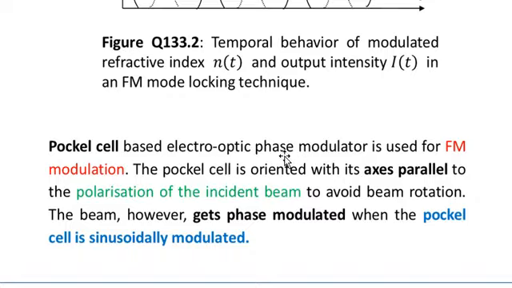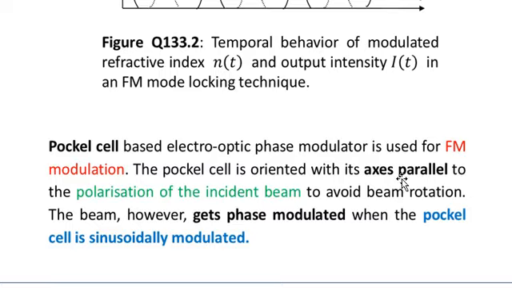Pockels cell based electro-optic phase modulator is used for FM modulation. So you can use the Pockels cells as an FM modulator. The Pockels cell is oriented with its axis parallel to the polarization of the incident beam to avoid beam rotation.